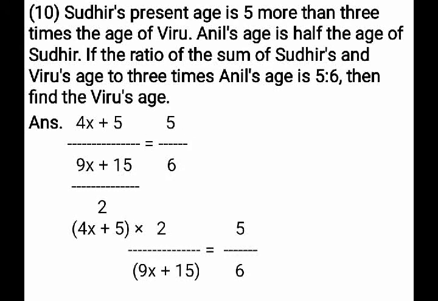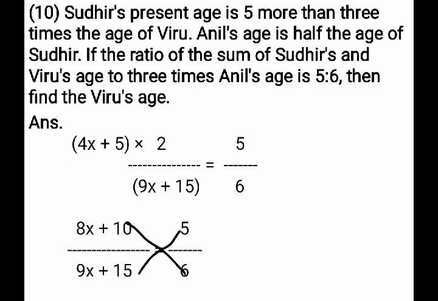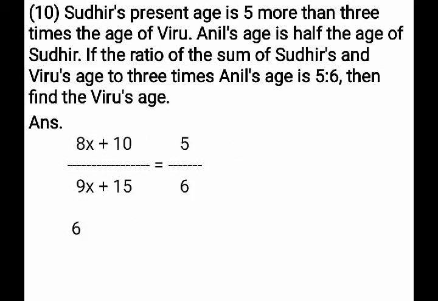On numerator, you have to multiply by using the formula of a into (b + c). That is 2 into 4x is 8x plus 2 5s are 10 upon (9x + 15) is equal to 5 upon 6. Now you have to write cross multiplication form. That is 6 into (8x + 10) is equal to 5 into (9x + 15).